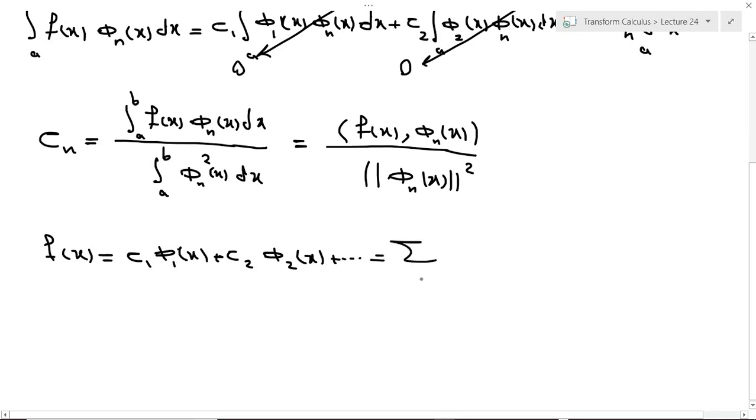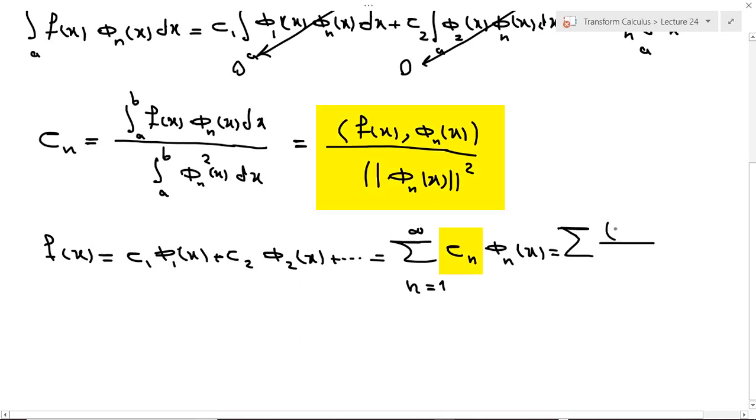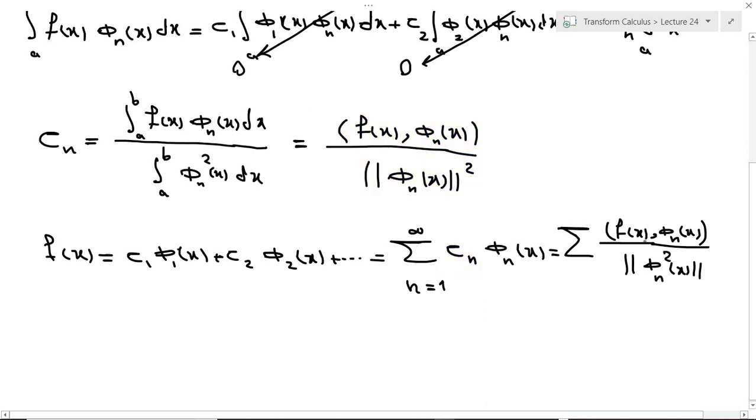We said f(x) is equal to c1 phi 1(x) plus c2 phi 2(x) and so on. If I want to write it in a compact form, I can say that it's the summation of n from 1 to infinity of cn phi n(x), and we said cn is the inner product of f(x) and phi n divided by the magnitude of phi n(x) squared.